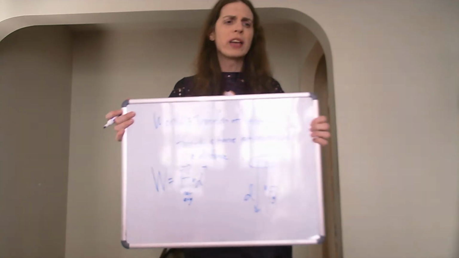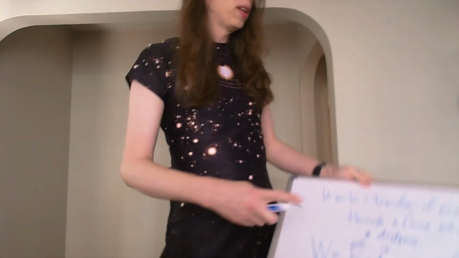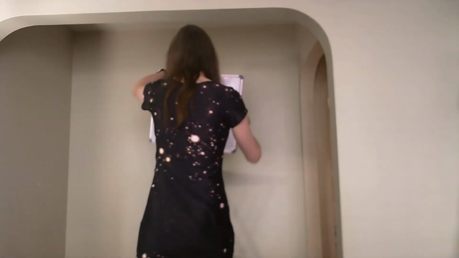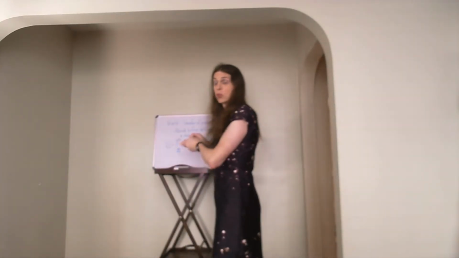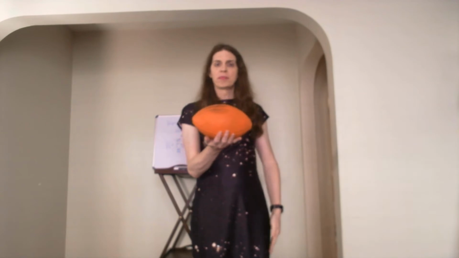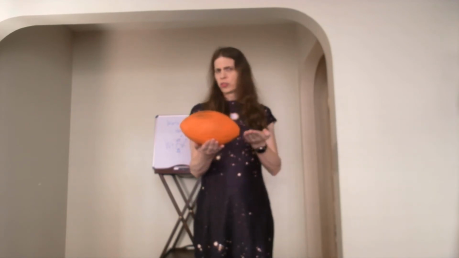Now I can take a force and exert it on the ball, and not exert it in the same direction as displacement. For instance, when I have the ball here, I'm supporting the ball with a normal force from my hand, balancing the weight, so that the net force acting on it is 0, so there's no acceleration.